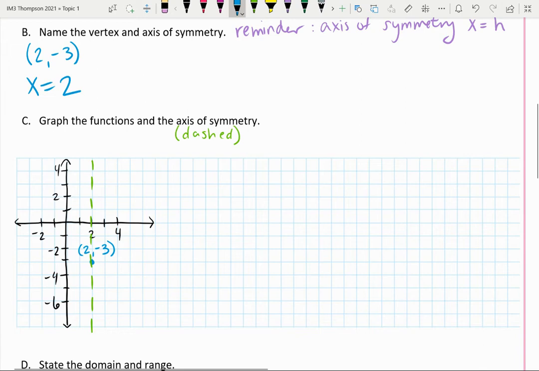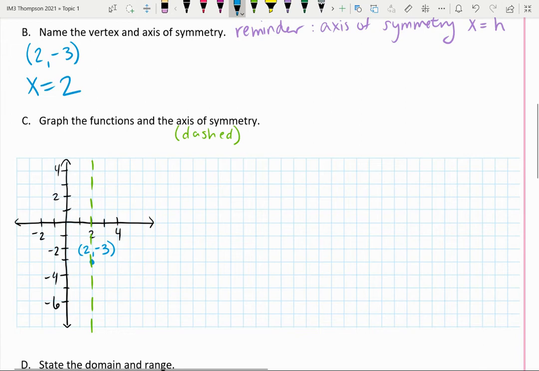You could also graph it using that kind of rule that we went over, which is that if I have a function with a of 1, I know that the parent function moves up 1 to get to the next point and up 3 more to get to the next point. And you could keep going, up 1, up 3, and up 5 to get to the point after that.